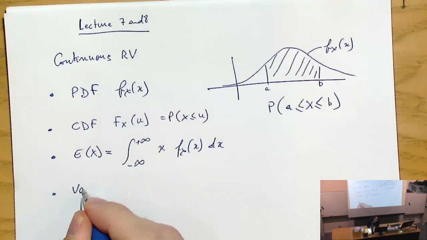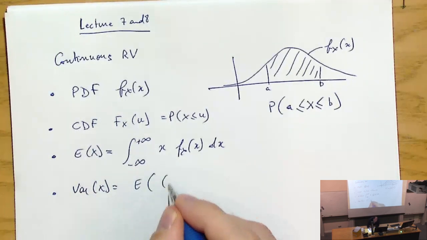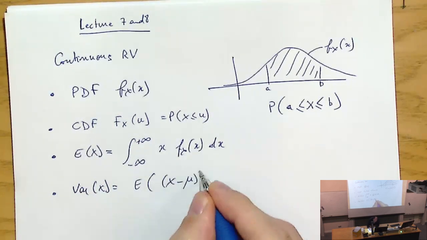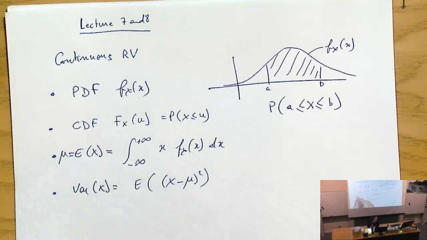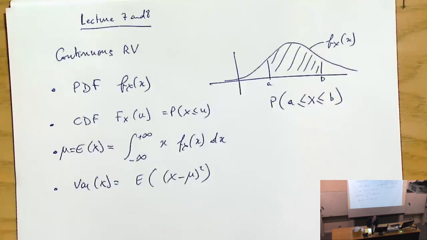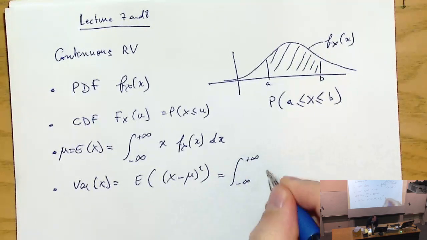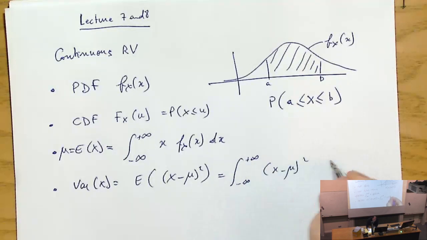And we looked at the variance of x, which is the expectation of the square of the deviation between x and its mean, mu. So this is written as the integral between minus infinity and plus infinity of (x minus mu) squared multiplied by the PDF of x.